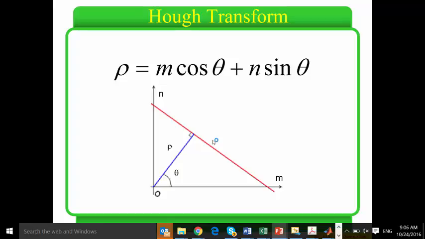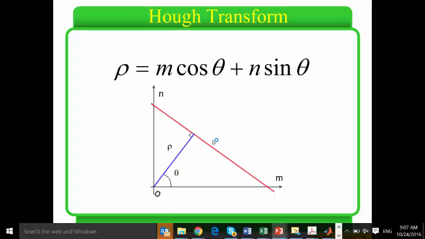Now let's take any point here. Let's consider the point of intersection between the blue line and the red line, and I will call this point m and n. I want to see if I put m and n in this equation, will I have rho equal to m cosine theta plus n sine theta or not? So, how can we do this?